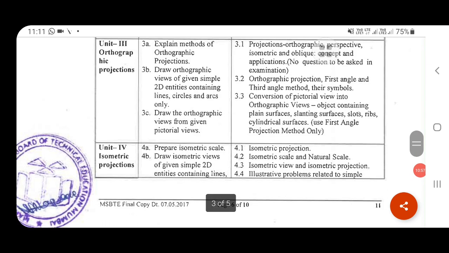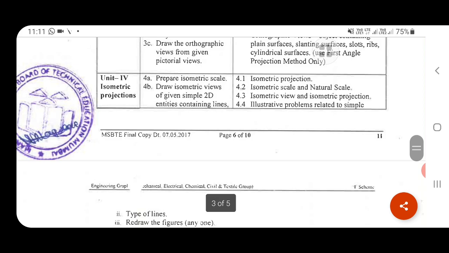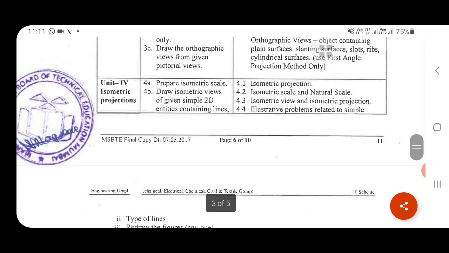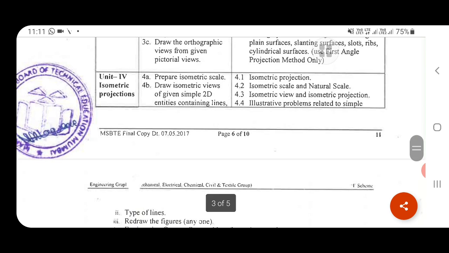So the next unit is isometric projections. In that, isometric scale and natural scale. So what is a natural scale? What is an isometric scale? We know this very well. Next is isometric views, isometric projections, and their use.